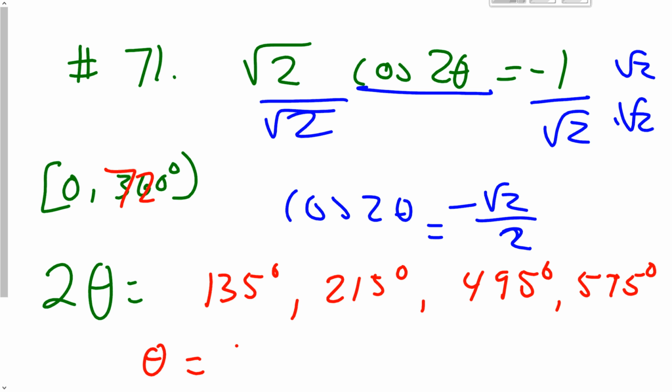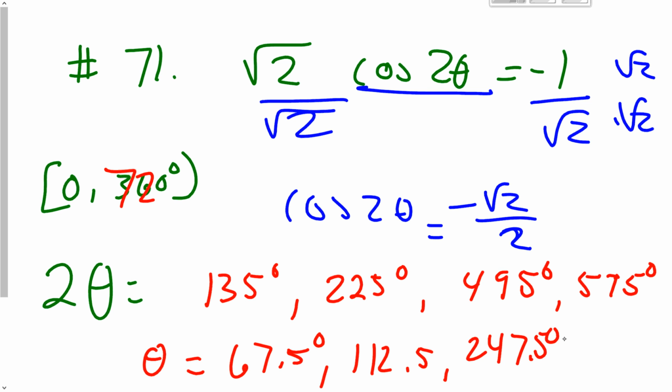Okay, and then divide all those by 2. We get 67.5, 112.5, 247.5, and 292.5. Okay, so there we go. Third time's the charm.